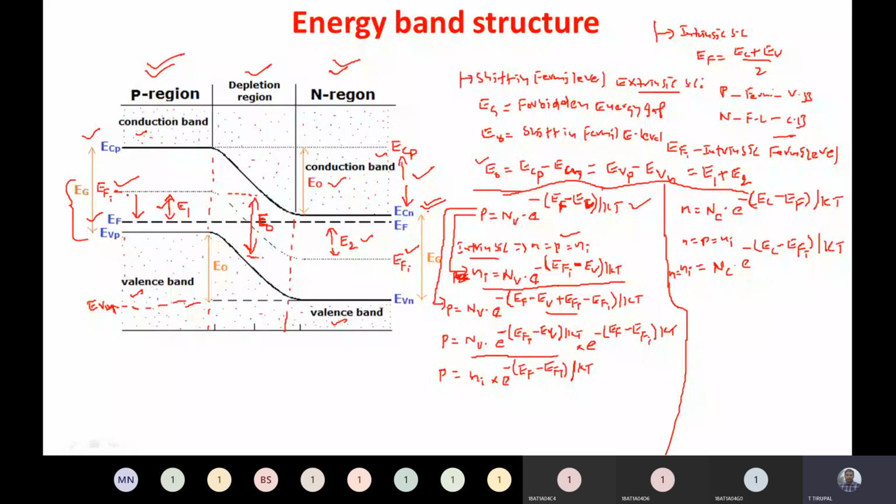So what is this EFI minus EF? It is called shift in Fermi energy level, which is called E1, right? Now tell me, get me the expression for EFI minus EF. So what is the expression? This one can be written as P is equal to Ni into e power minus EF plus EFI divided by KT.